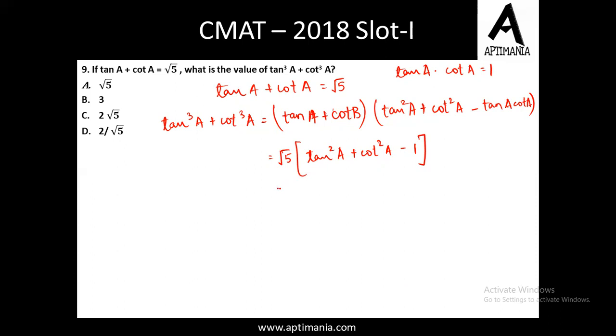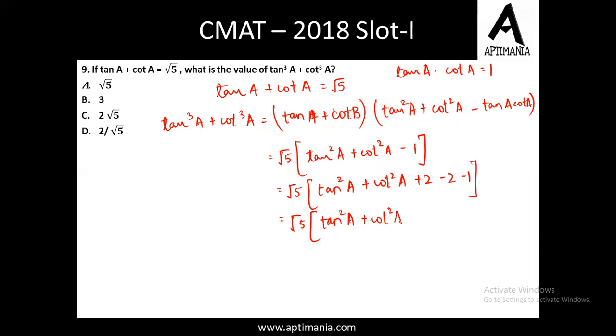What I'll do is I'll add 2 and subtract 2 in this bracket value: tan square a plus cot square a plus 2 minus 2 minus 1, right? This can further be written as root 5 into the bracket tan square a plus cot square a plus 2 tan a cot a.